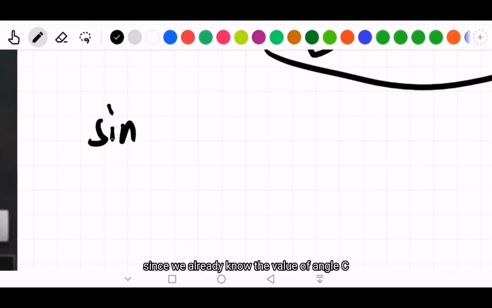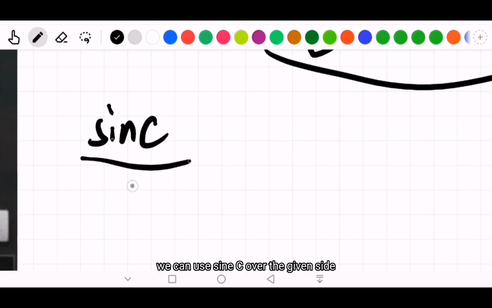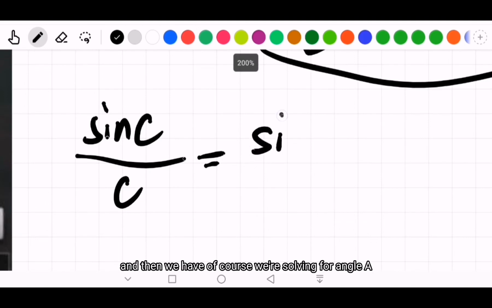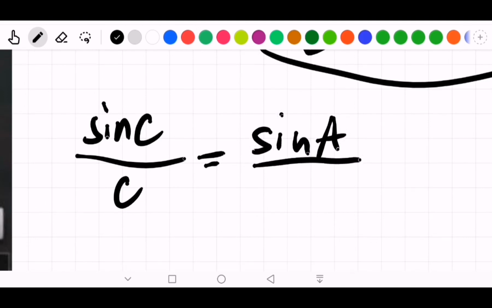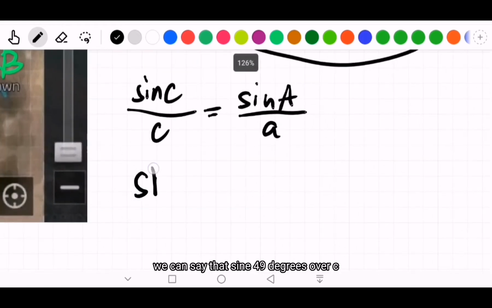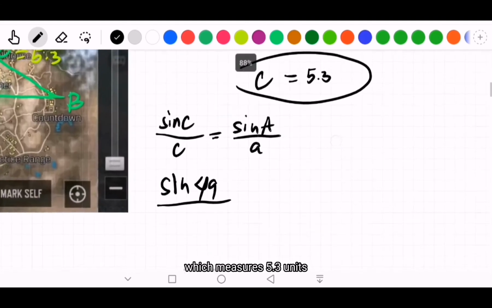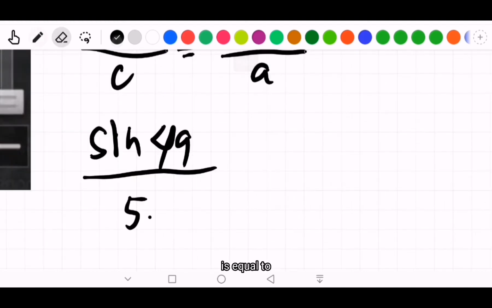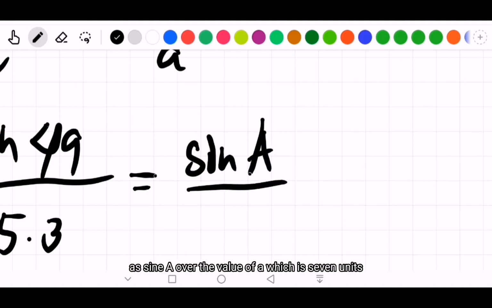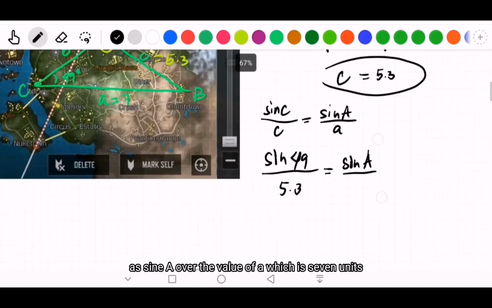Since we already know the value of angle C, we can use sine C over the given side, which we already solved for, which is 5.3. And then, of course, we're solving for angle A over side A. By substitution, sine 49 degrees over C, which measures 5.3 units, is equal to sine A over the value of A, which is 7 units.